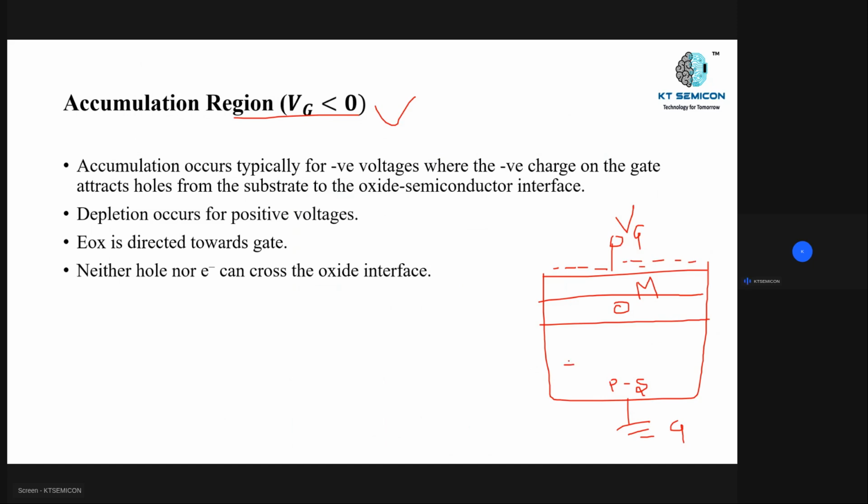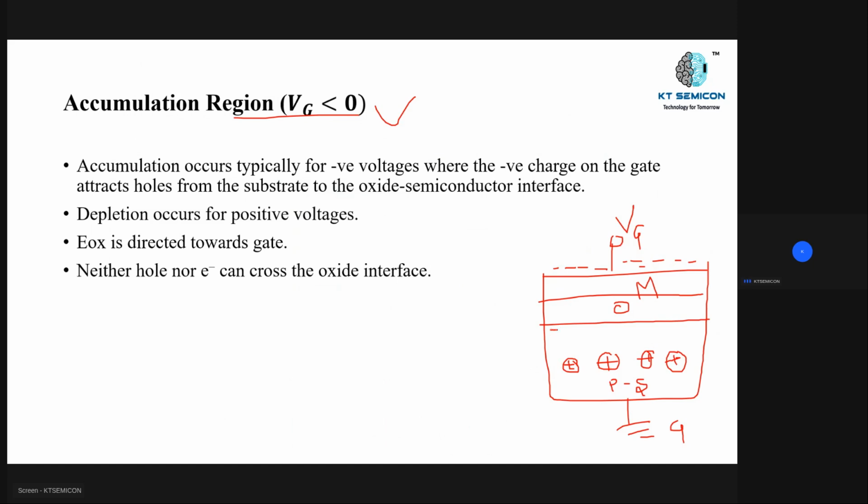See, in my substrate, what do I have as the majority? For a p-type substrate, the majority carriers are holes, right? So holes mean positive charge. So what happened now? Whenever we apply the gate voltage as negative, this p-type substrate having positive charge tries to attract the negative voltage.